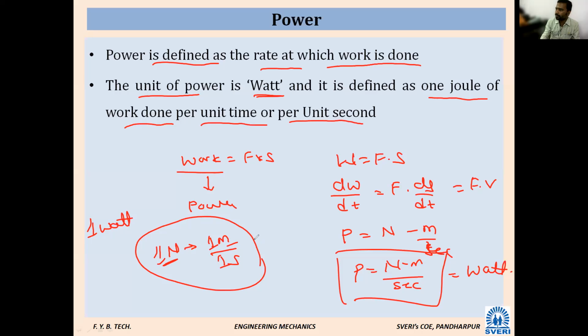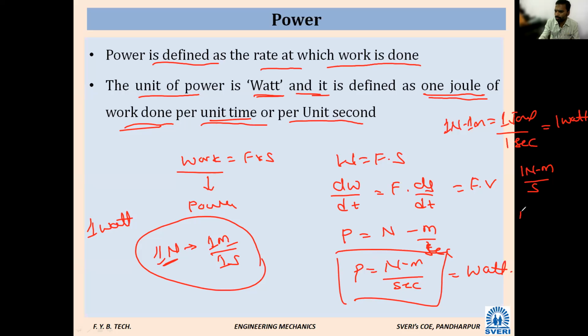What is 1 Newton, 1 meter? It means 1 joule. Okay, 1 Newton, 1 meter means what? It is 1 joule. So here the definition is like that only. 1 joule of work done per unit time. 1 unit time is unit second. 1 joule per second. 1 joule per second is also 1 watt. Then this 1 Newton meter per second is also 1 watt.